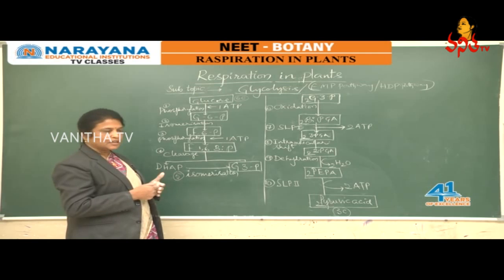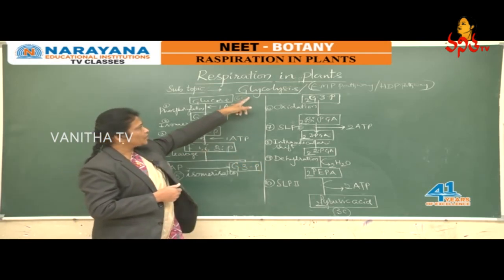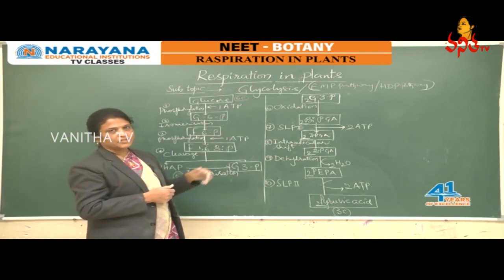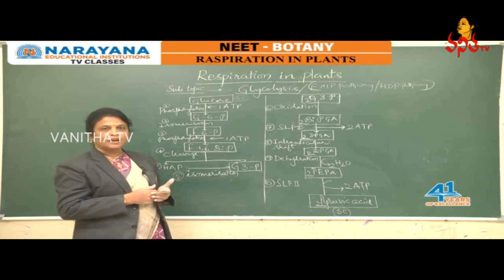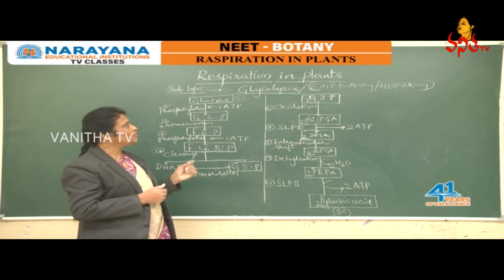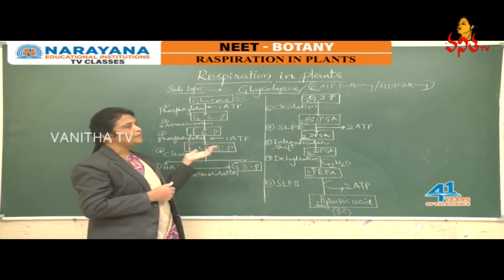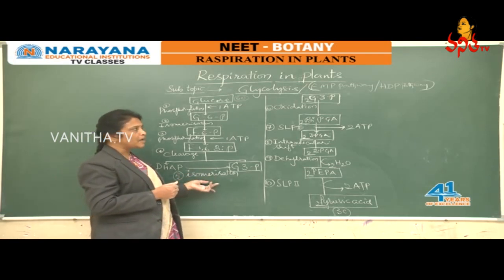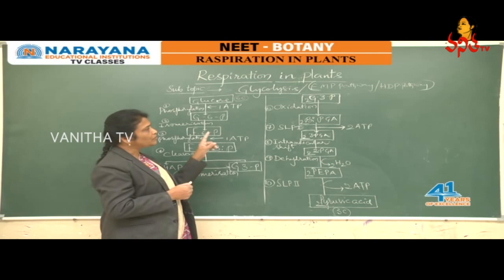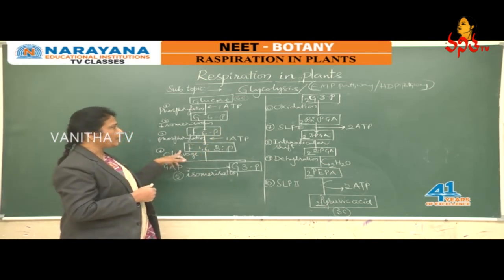These total biochemical reactions together follow the glycolytic pathway, and this glycolytic pathway was traced out by three scientists called Embden, Meyerhof and Parnas. So, the glycolytic pathway can also be referred to as the EMP pathway, Embden, Meyerhof and Parnas pathway, and it is also called the HDP pathway, hexose diphosphate pathway.